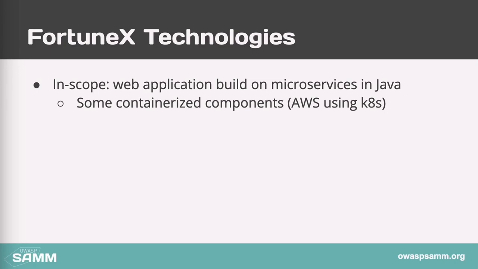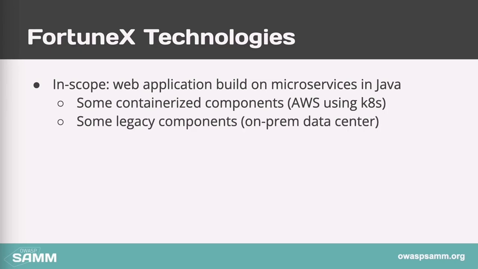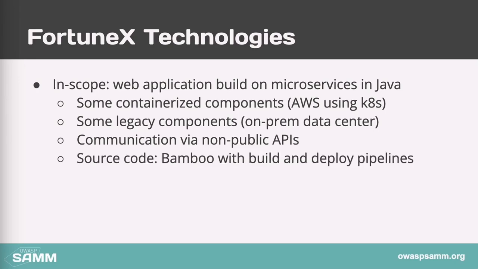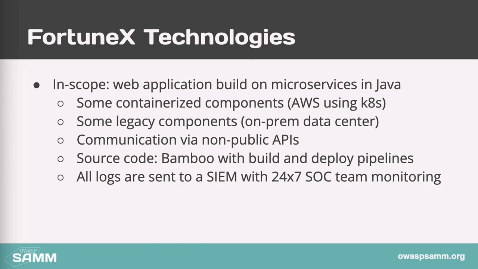In scope, there is one web application built on top of microservices in Java. Some of the components are containerized, using Kubernetes on AWS. There are some legacy components which run on-prem in the company's data center, and you are leveraging communication via non-public APIs between these components.